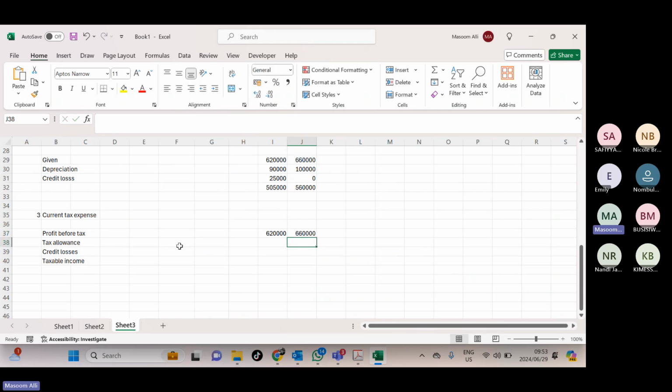Now the tax allowance, this was relating to section 11E.